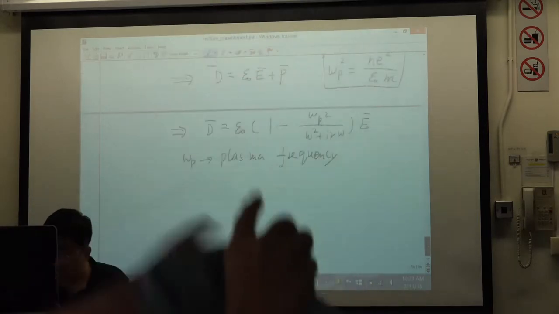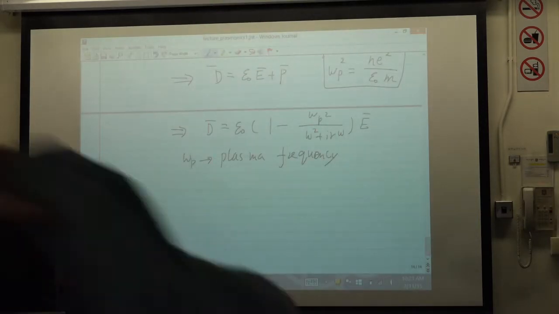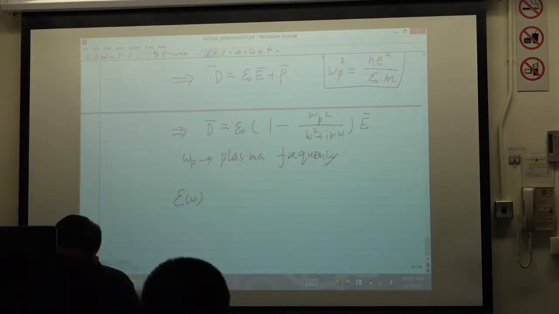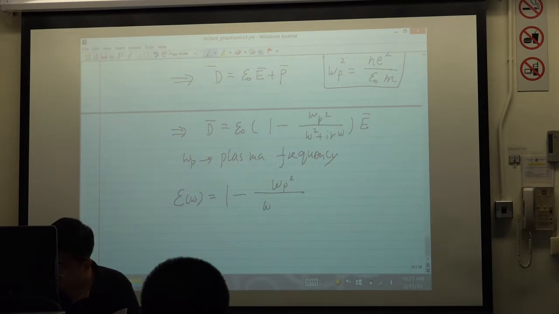Finally we get the dielectric constant, or permittivity, equal to 1 minus omega P squared over omega squared plus I gamma omega.